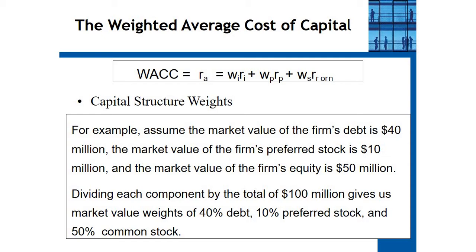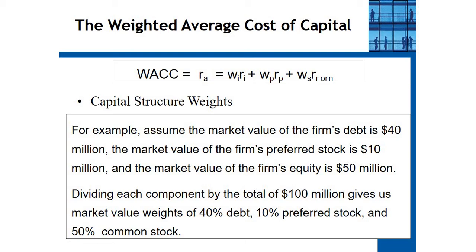Now, here is an example of capital structure where, say for example, a firm has a total market value debt of 40 million, preferred stock 10 million, and equity 50 million. So, the firm is totally financed by in total $100 million. Out of this, 40 million debt, 10 million preferred stock, and 50 million equity.